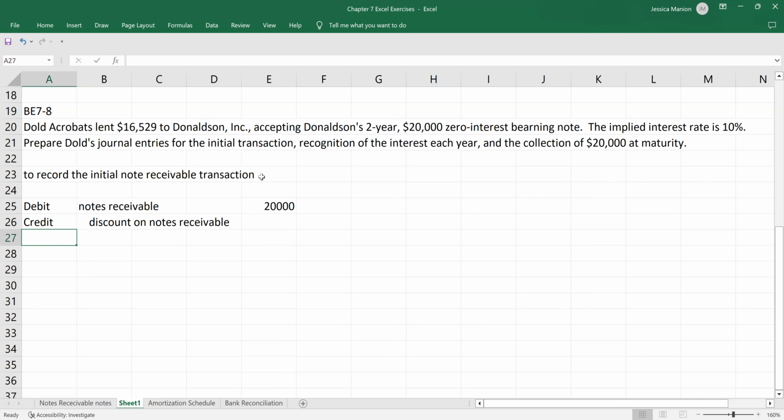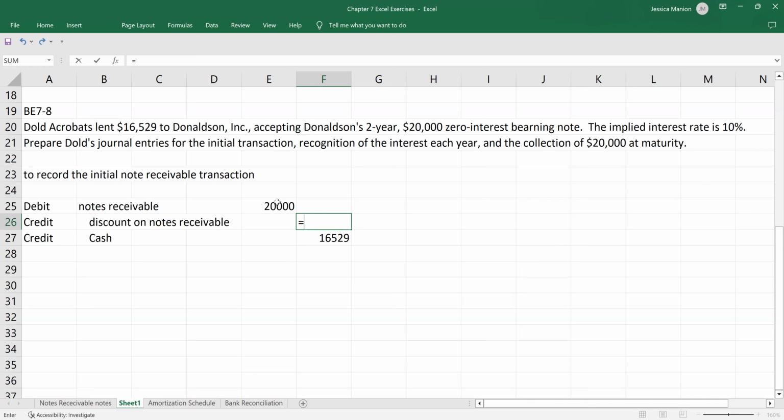So here, let's leave that there for a second. We're going to credit cash, right, for the amount of cash we're giving up. We're giving up 16,529. That's how much cash we're lending them. So again, that discount, what is going to be our interest, is the difference between the amount of cash we're giving up and the amount they have to pay us back.